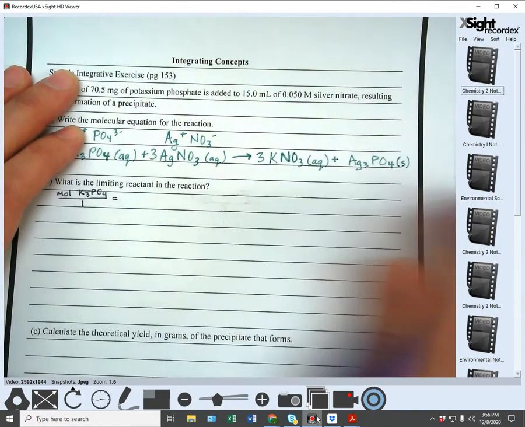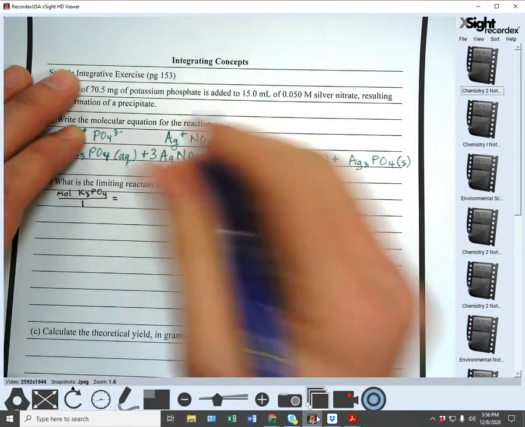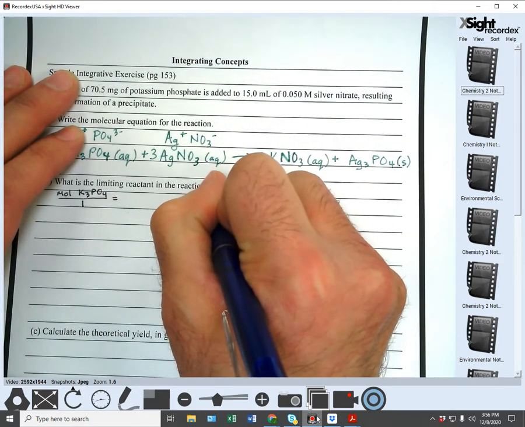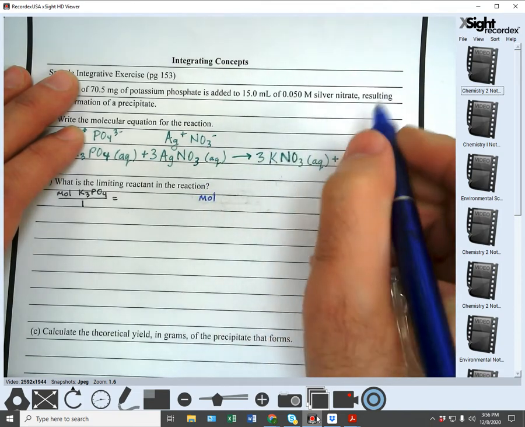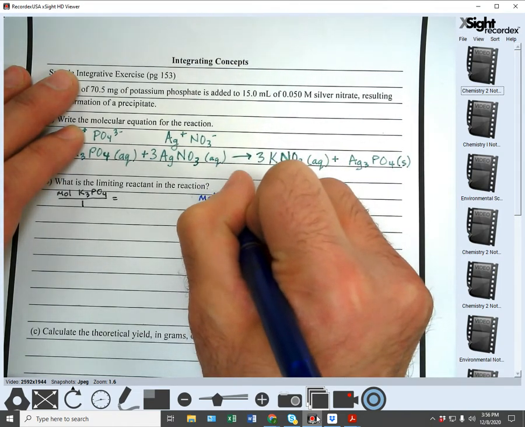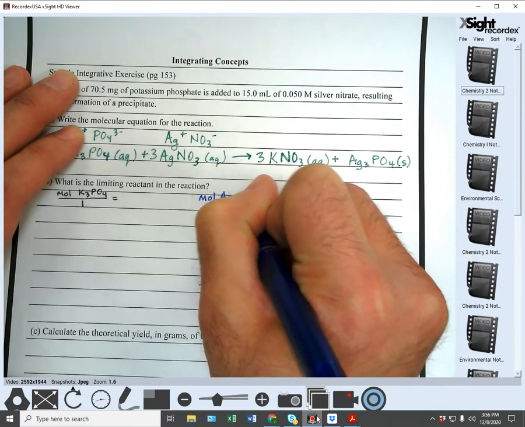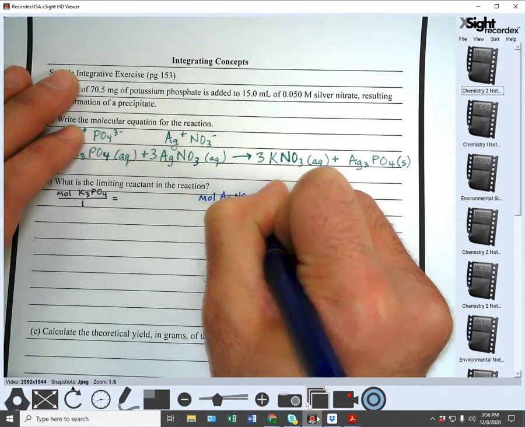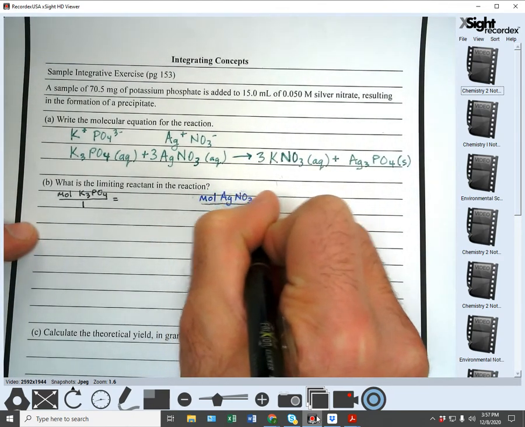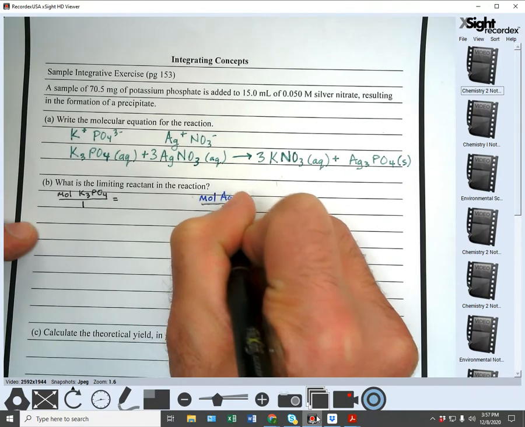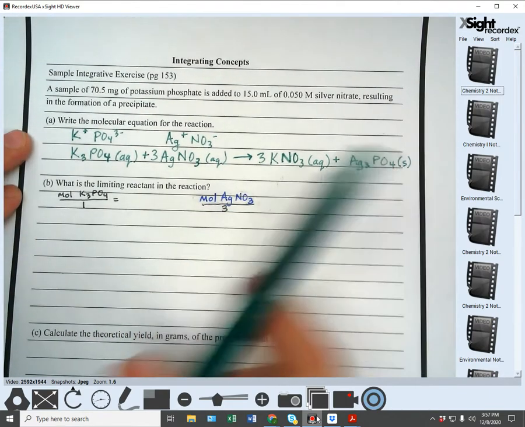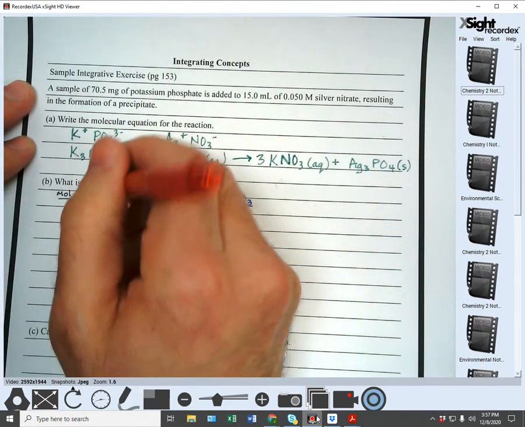So, okay, I can do the moles of, what was it, silver nitrate, AgNO3. And that's going to be over the coefficient. And I can do this one as well. I'll do this in red.